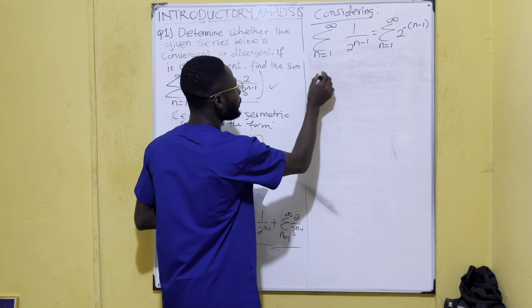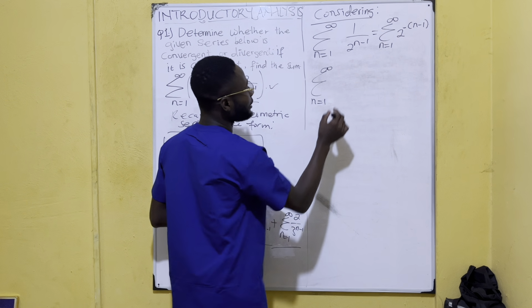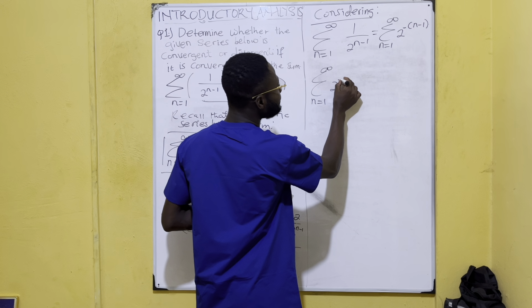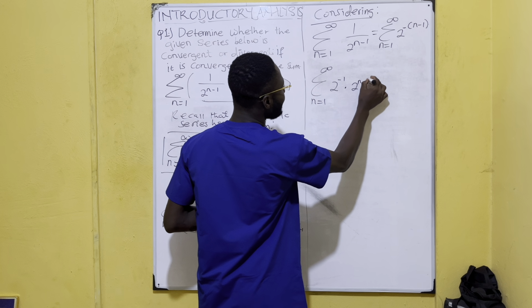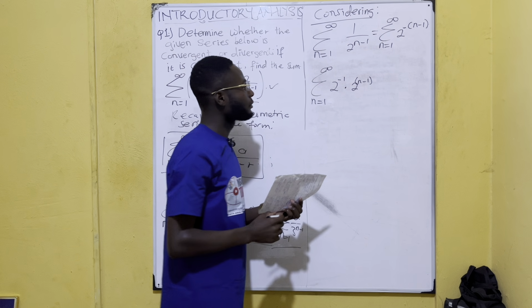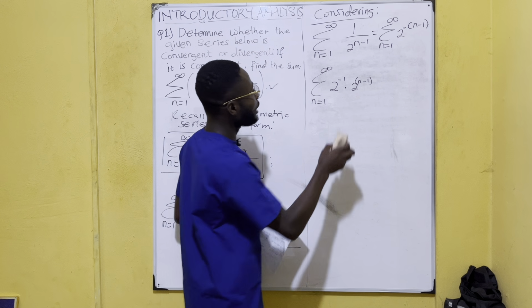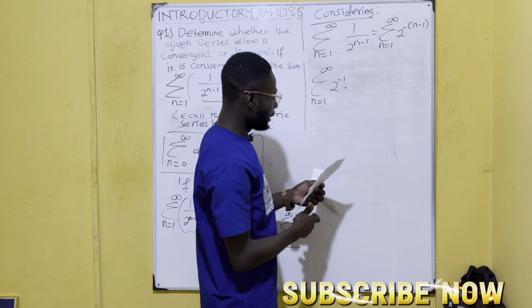This is the same as 2 to the power negative 1 times 2 to the power n minus 1, that would divide.